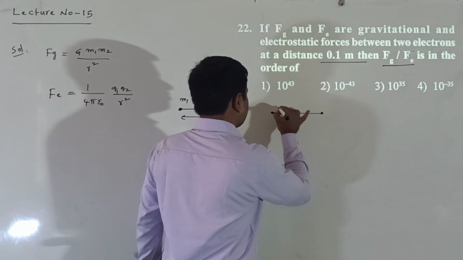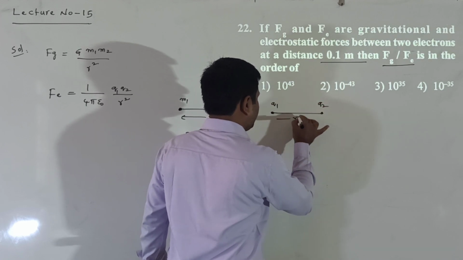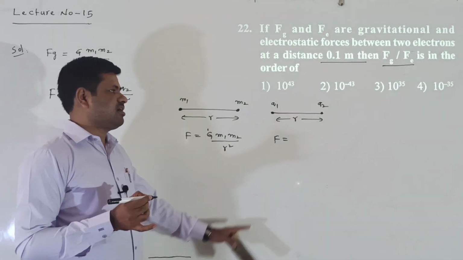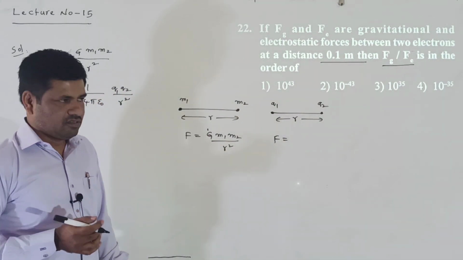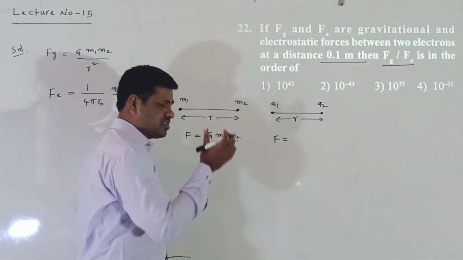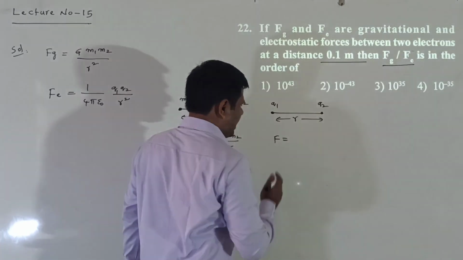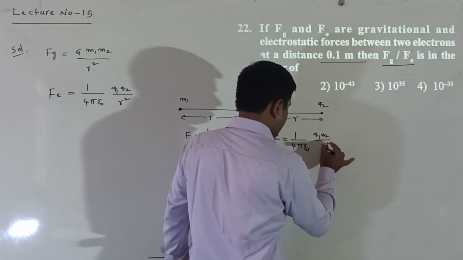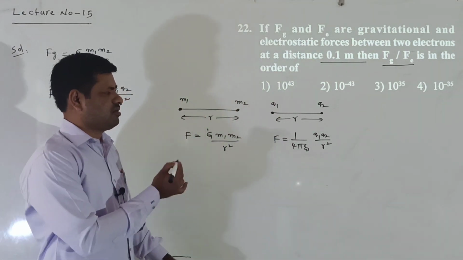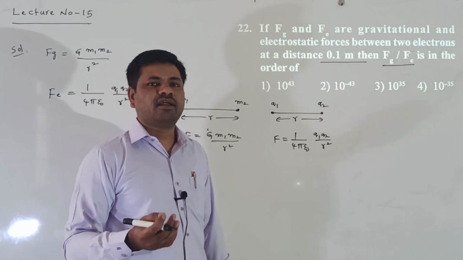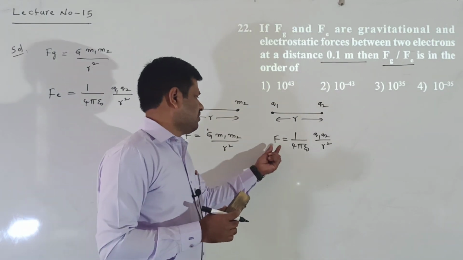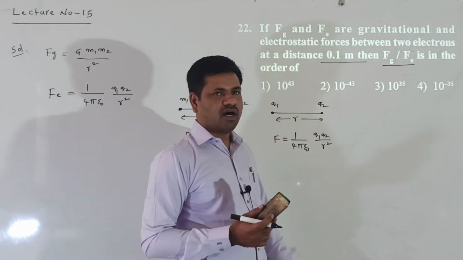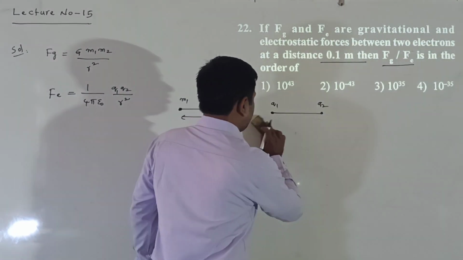Similarly, for two charges q1 and q2 separated by a distance r, the force of attraction or repulsion, since charges can repel or attract, is 1 by 4 pi epsilon naught q1 q2 by r square. The clear information about this we can study in the second year electrostatics chapter. Now you can just remember the formula: F is equal to 1 by 4 pi epsilon naught q1 q2 by r square, where q1 and q2 are called the charges.